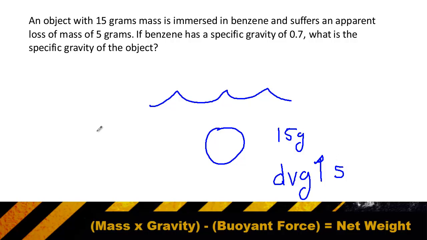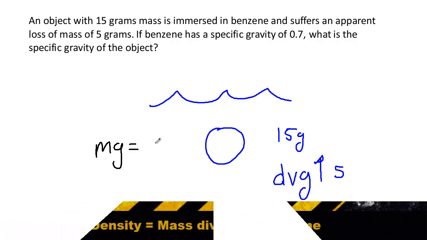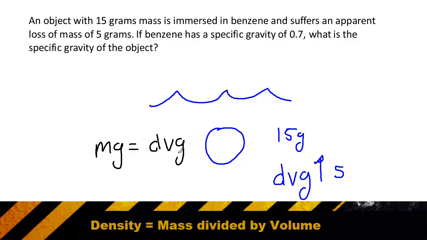We know from previous examples that when an object is submerged in a fluid, the mass times the gravity of the object, the force pushing down, is going to be equal to the density times the volume times the gravity of the fluid pushing up. In other words, the mass of the object is also equal to the mass of the fluid displaced.